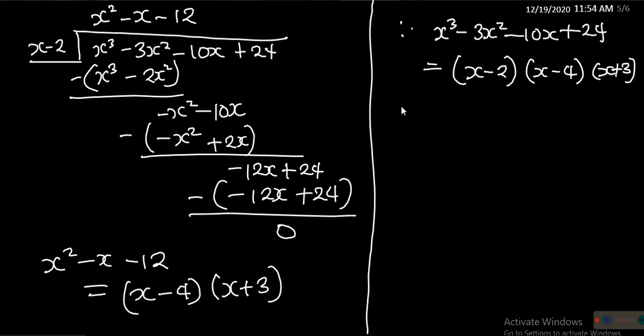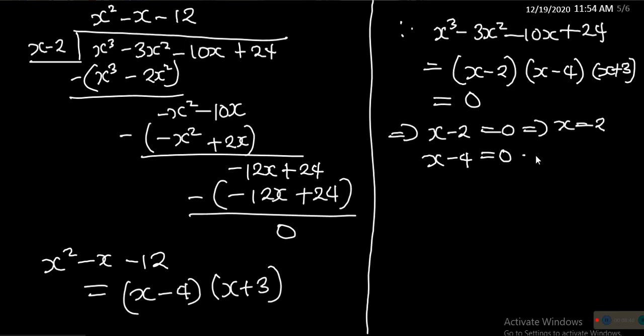Okay, and then solving this, it is equal to 0. So it then implies that x minus 2 equals 0, implies x equals 2, x minus 4 equals 0, implies x equals 4, and x plus 3 equals 0, implies x equals minus 3.